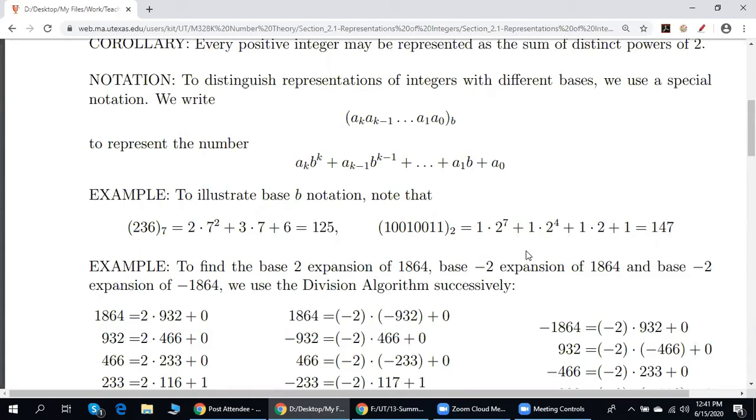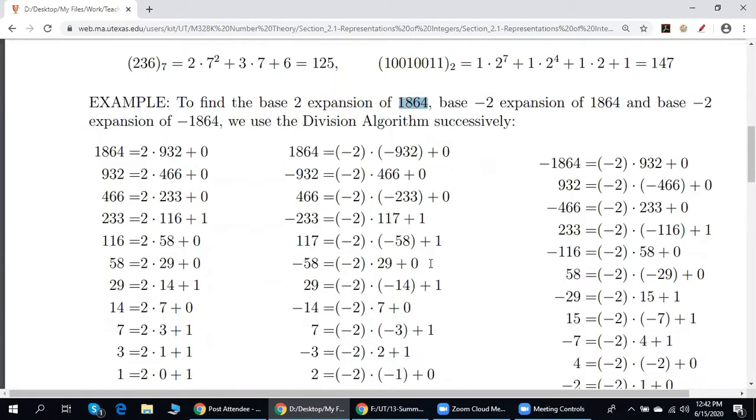The big question is, how do we come up with this without guessing? We use the division algorithm. Let me show you how we come up with the base 2 expansion of 1864 without guessing.